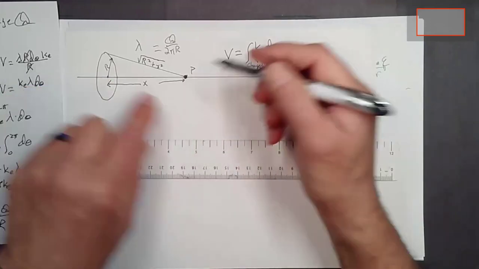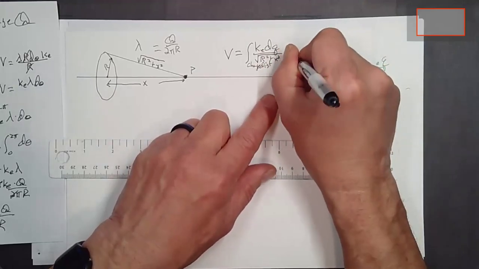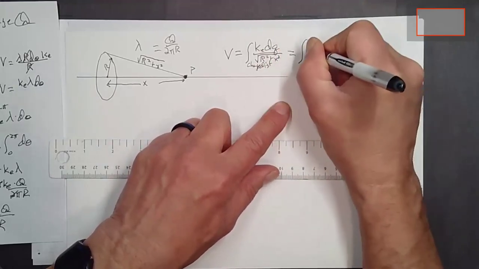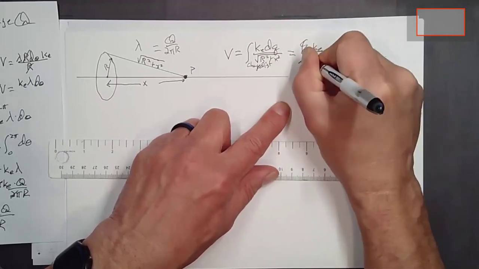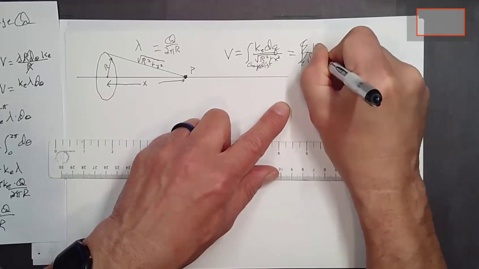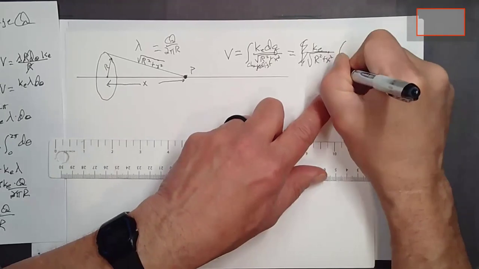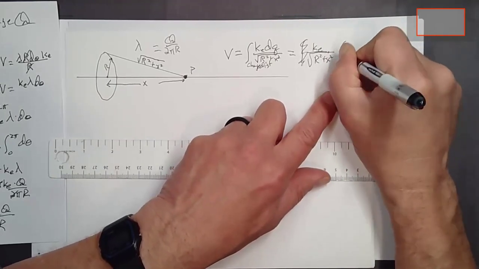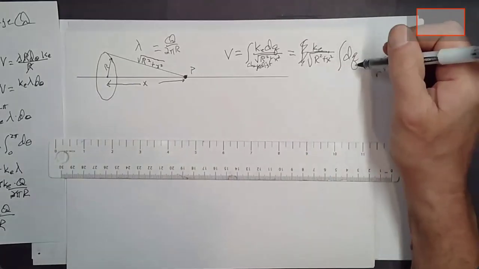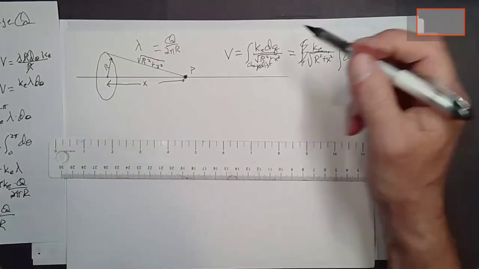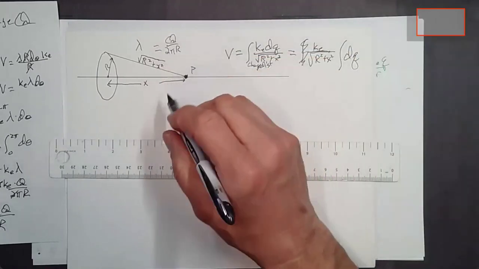We're always staying out here at the same point. R is a constant, k sub e is a constant, and so k sub e and the square root of r squared plus x squared come out of there. And the integral is just over the charge distribution dq. Well, if I integrate over the whole thing, I end up with capital Q. For that, I don't even have to use lambda on this.